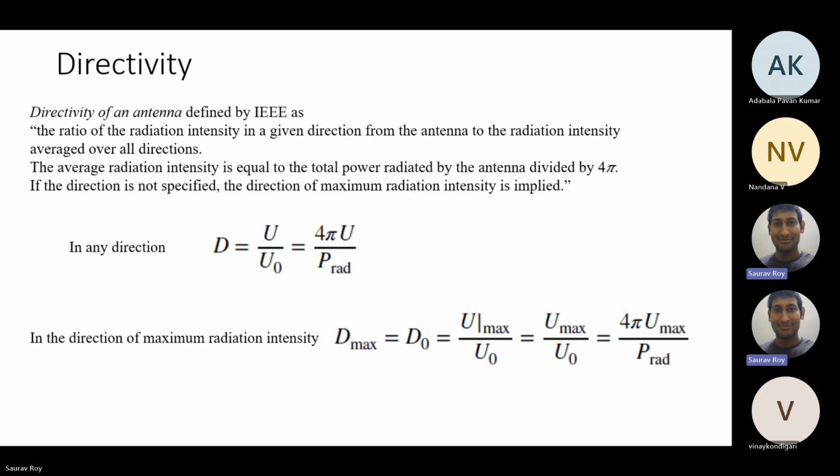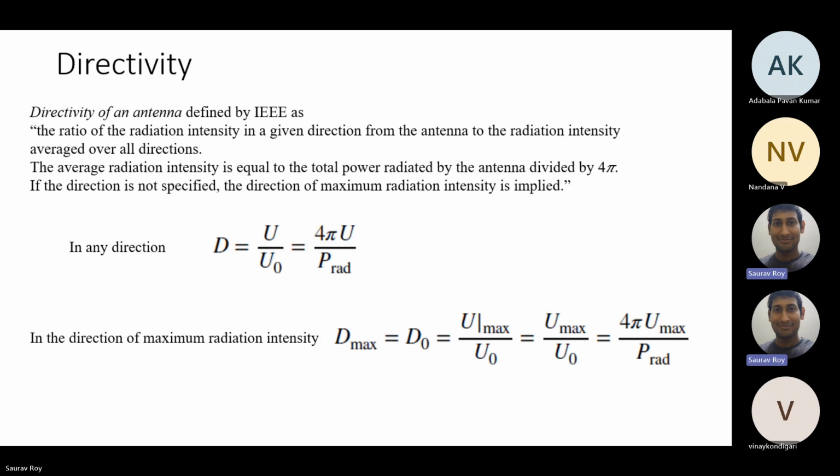The radiation intensity is given by radiated power per solid angle. If it is radiated throughout all angles, the total solid angle is 4 pi.